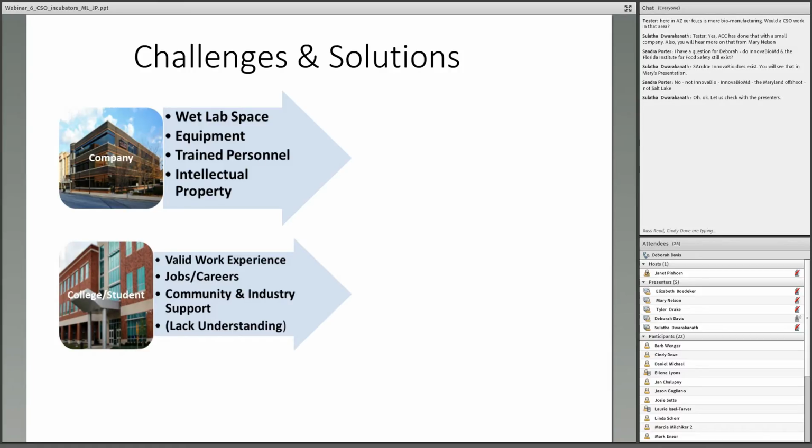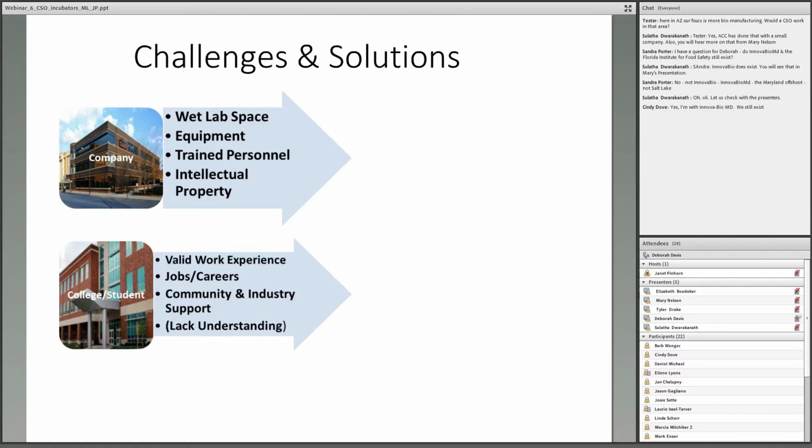For educational institutions, both colleges and students, the big problem that most of us have in our industry is finding work experiences. And if we do find them, sometimes they're not very meaningful. That then reduces the competitiveness of our students when it comes time to find a job or begin a career.